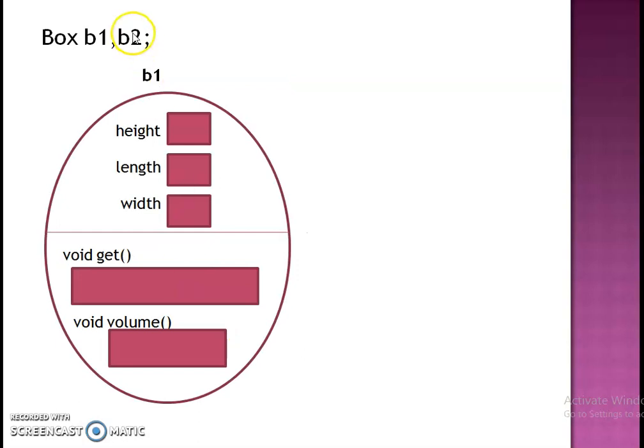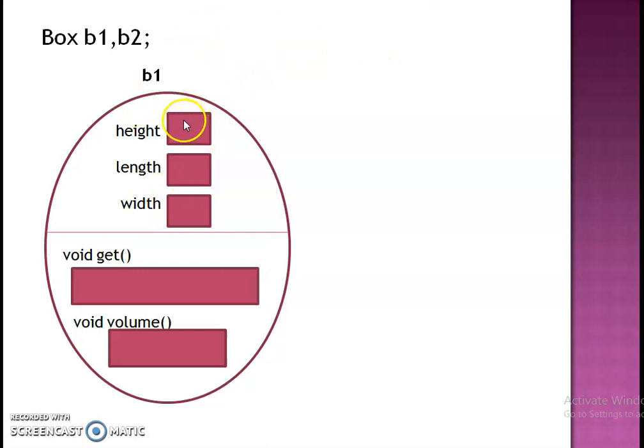Whenever we create an object for the class Box, maybe B1, a group of memory is allocated, and the entire memory space is bound with the single name B1. Within that, separate memory is allocated for each and every data member and member function inside the class.